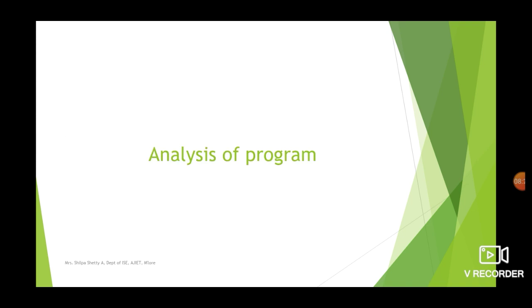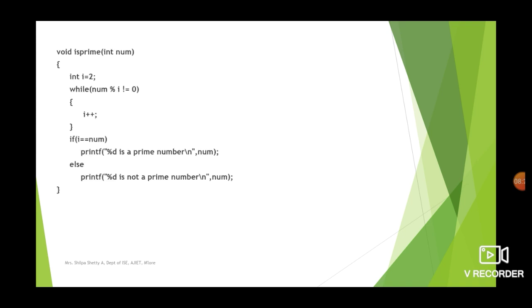So here is the analysis of the program. Let's see what happens when we pass 5 as the number. Inside my main function, the isPrime(num) function will be called as isPrime(5), because 5 is the number entered.